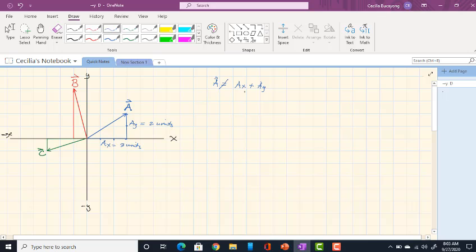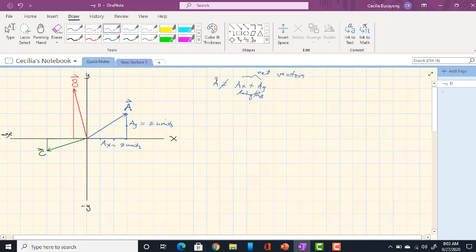Nope. Why? Because AX and AY are just lengths of the projection of our vector A along X and Y axis. This AX and AY are not vectors.